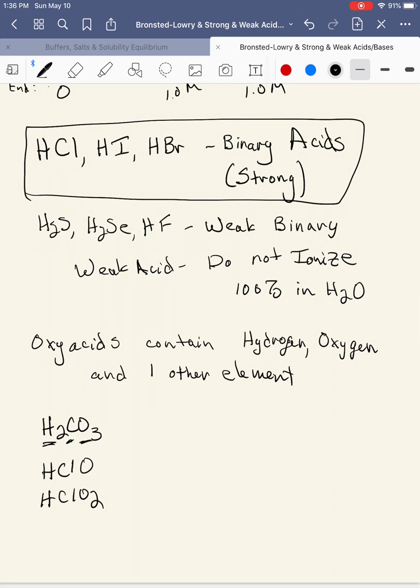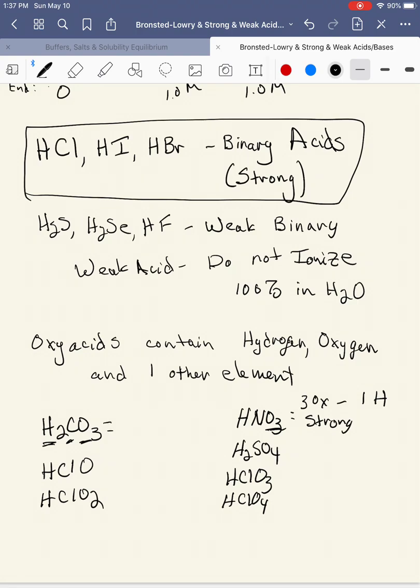If there are two or more, let me write a couple more examples here: HNO3, H2SO4, HClO3, HClO4. Okay, here we have 3 oxygens and 1 hydrogen. Okay, if we have 2 or more oxygens than hydrogens, it's strong.